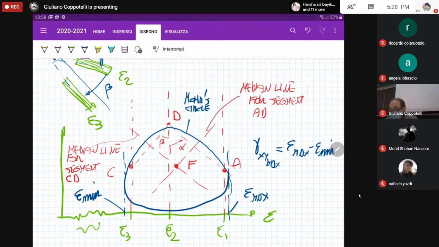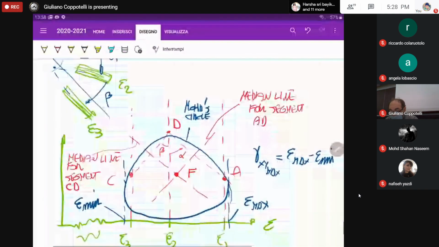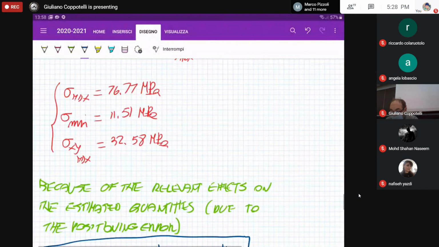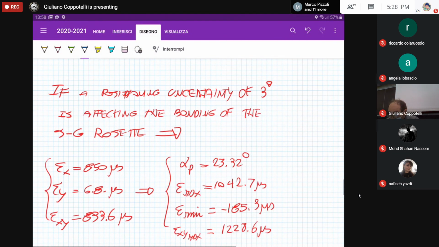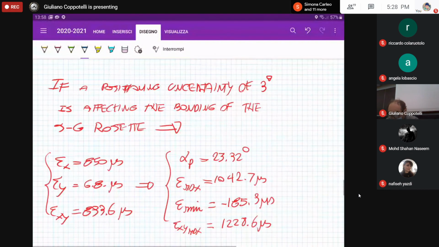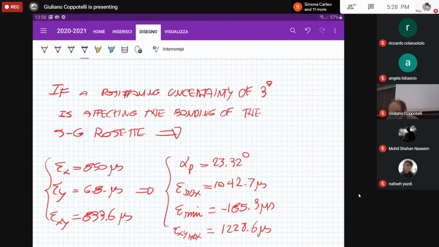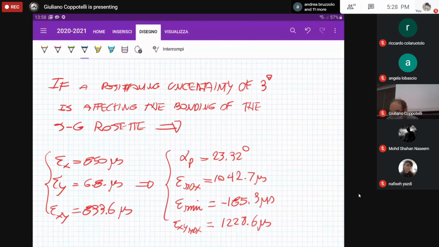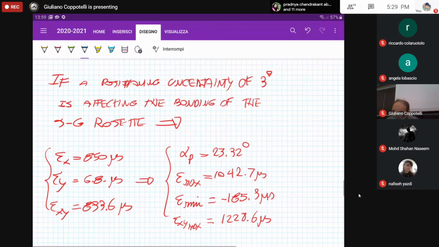So that's it for today. It is important to me that we have some familiarity with numbers and strain gauge measurements, and we note that the uncertainty of the positioning of the 3 strain gauges could lead to very important, noticeable errors in estimating quantities such as the principal directions, and the maximum and minimum normal strains.